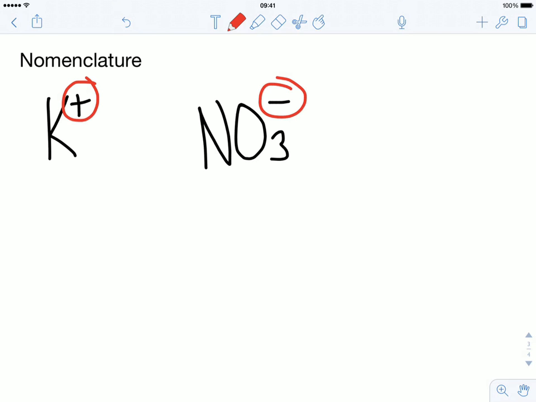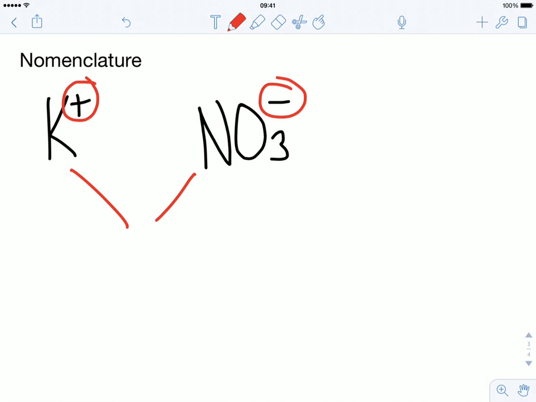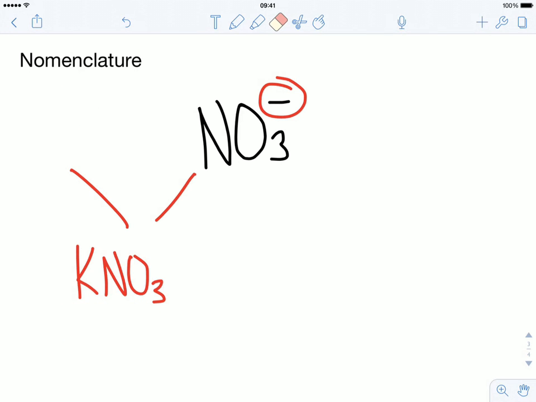So +1 and -1 will already cancel each other out. So when these two come together, the formula would be KNO3. And now there is no overall net charge because potassium is +1, nitrate is -1, and -1 and +1 cancel out, they equal 0. So this formula right here is perfect. We don't have to do anything else.